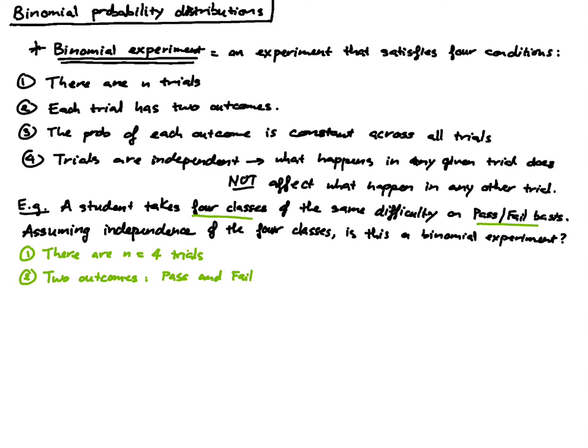Next, we want to ask ourselves whether the probability of each outcome is constant across all trials. In other words, is the probability of passing the same for all four classes?